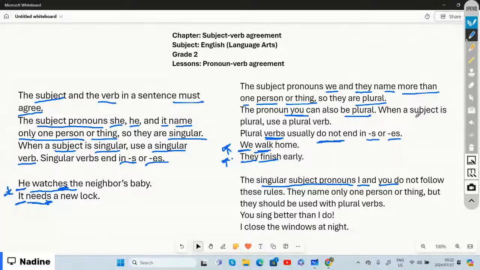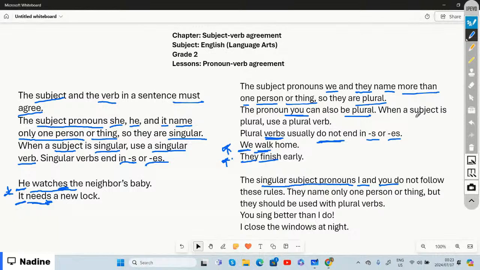So if the singular subject pronouns are I and you, then it means that they do not follow the usual rules. They name only one person or only one thing, but they should be used with a plural verb. It's almost like it's irregular.